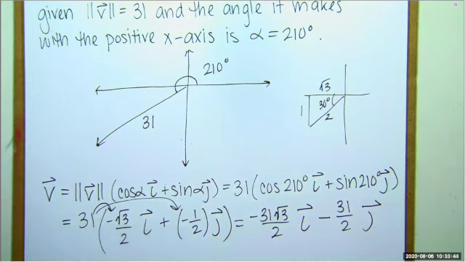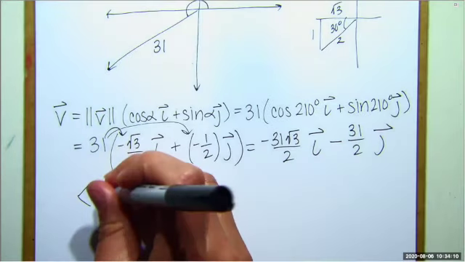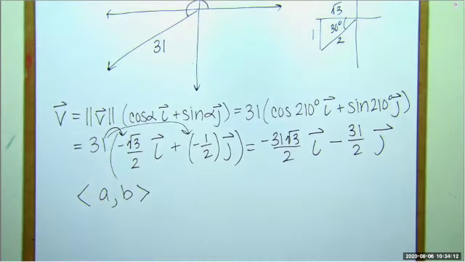So somebody asks, could we write it like 31 cosine 210, sine of 210, or does that mess things up with the plus? So the question was, what about putting this in the other notation? So our other notation, instead of ai plus bj, right, our other notation was a comma b, like that. And so the question was, can we use this other notation for this problem?